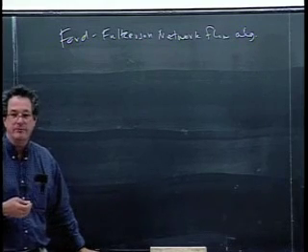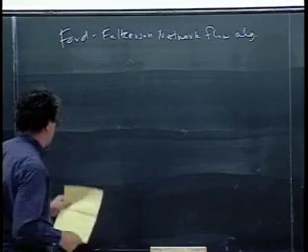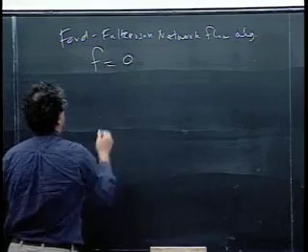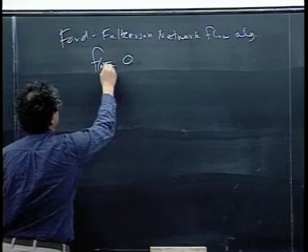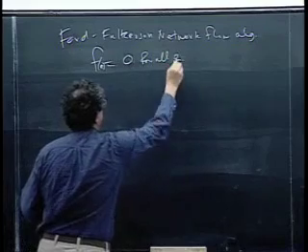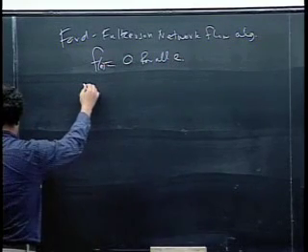But it was more intuitive to start out with some actual flow. But now that you've seen a little bit of it, we should be able to start with just the 0 flow, or F of e equals 0 for all edges e. And then we have the residual graph phase.